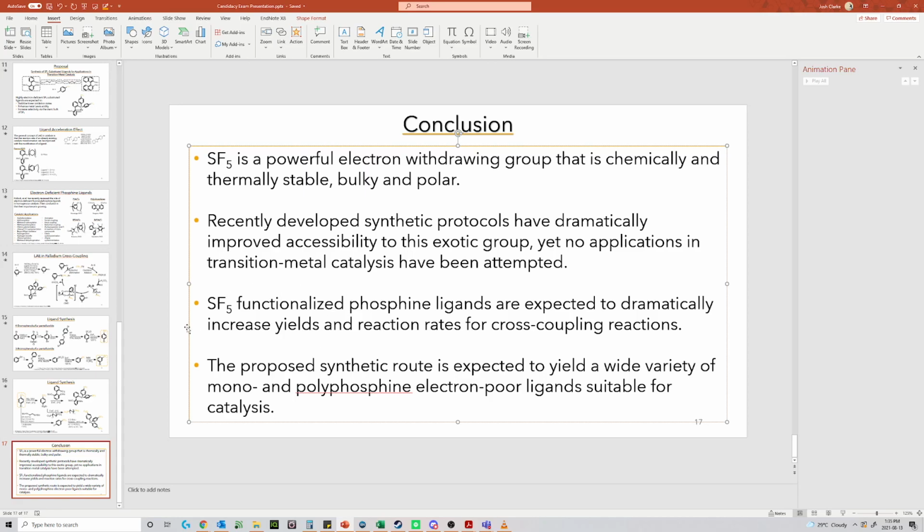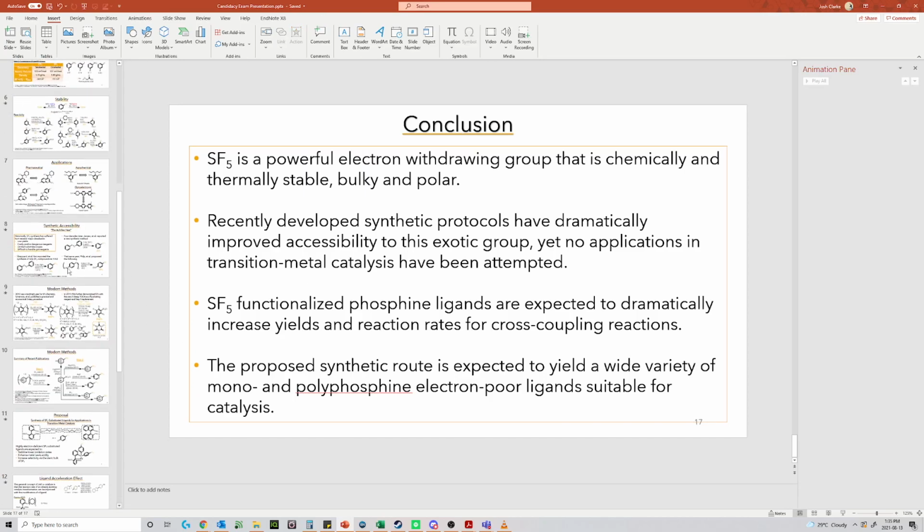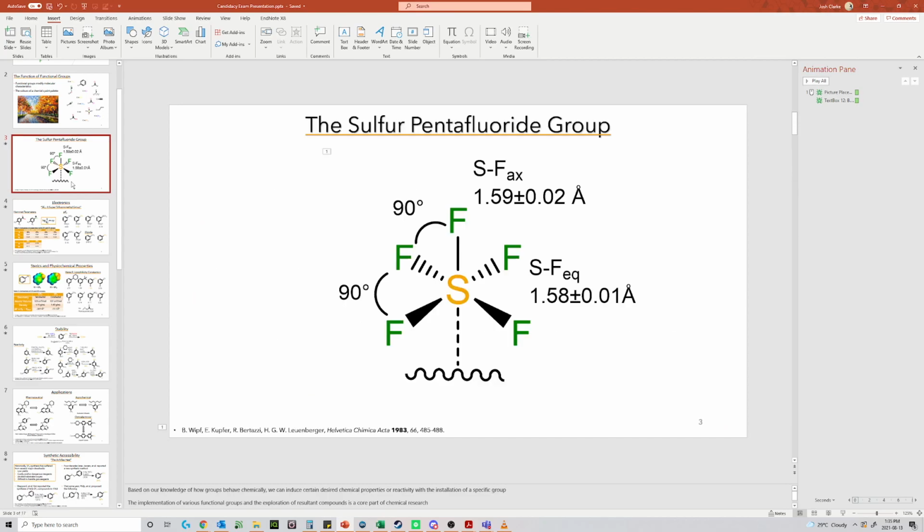Okay, maybe for general questions, which question can I ask the committee, if you have any? Let's go to slide 3, maybe. So do you have any idea why the equatorial bond is longer than the axial?